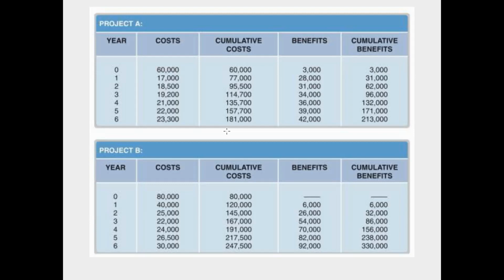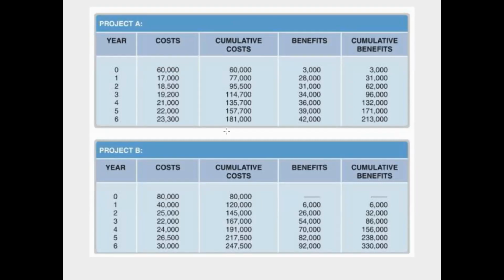Then the benefits. Once the system is in place, you are going to have some benefits, and you have to put them in numbers so that you can compare. For the benefits, you can see the first year we have 3,000, second year 28,000, and so on, which is what we see here.